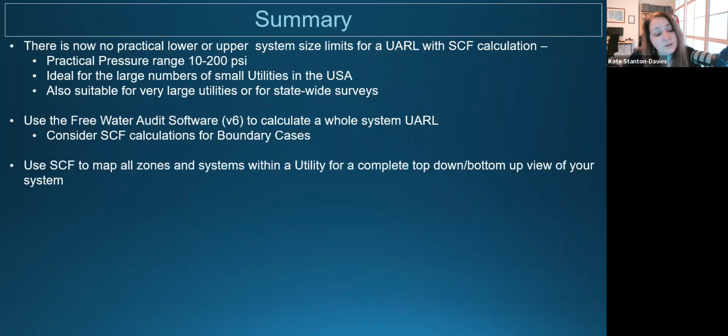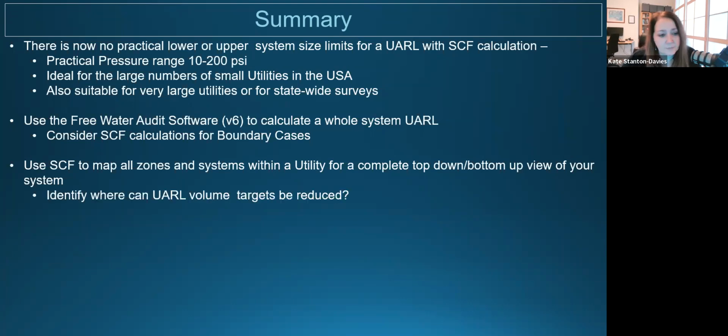Or what you could do is use SCF in the way that these case studies have shown, so that you can get a map of all the zones and systems within your utility, and then have that complete top-down, bottom-up view.